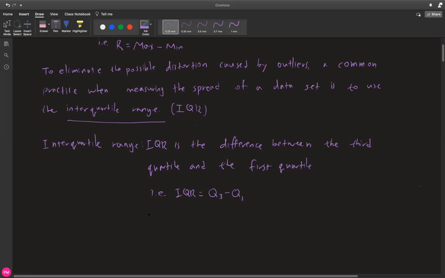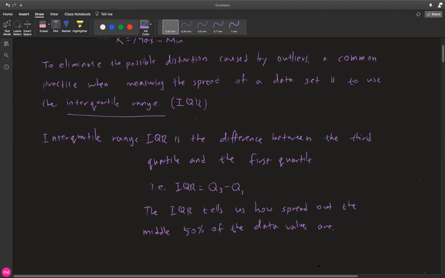So the IQR tells us how spread out the middle 50% of the data value is.